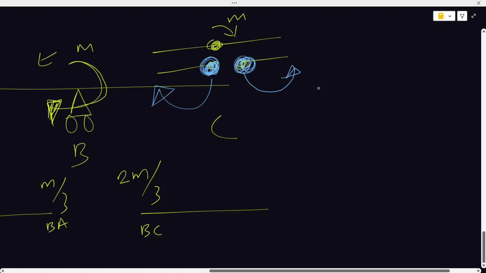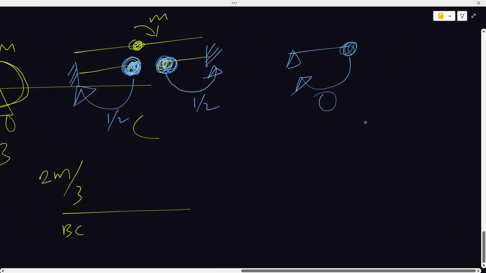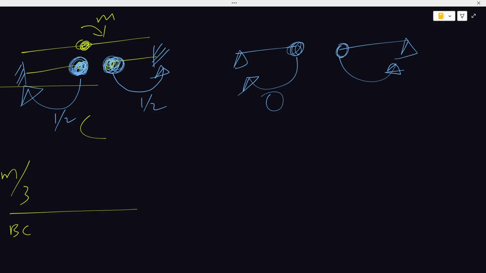If this is a fixed end, that is when we can have half as the carryover factor. But had it been a hinge and you are distributing the moments here, you won't have anything; it will be 0. Do you get? Likewise, had it been a hinge, it will be 0.